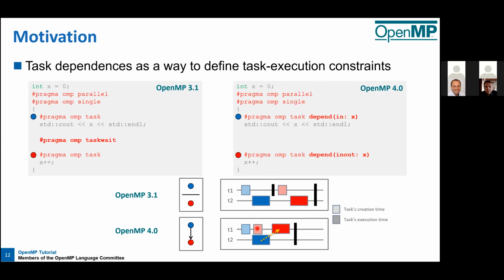Whereas in the second, lower example, we can create the blue task, we can create the red task, and then there's this execution constraint that only schedules the red task on some executor thread once the blue task has finished execution. So you get a slightly different behavior in terms of when the tasks are created, but you get the additional benefit of synchronizing the task execution so that the tasks are executing in the right order.